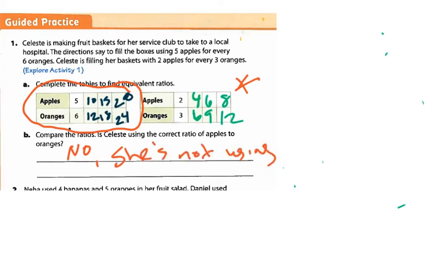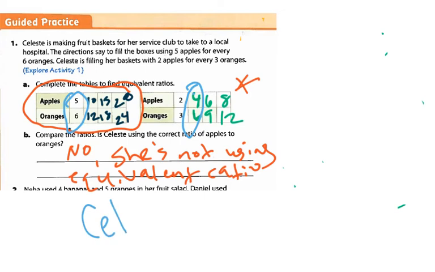She's not using an equivalent ratio. Is her ratio higher or lower? Well, what we can do to look at that is look, this one right here, 5 over 6, now come over here, 4 over 6, her ratio is lower.